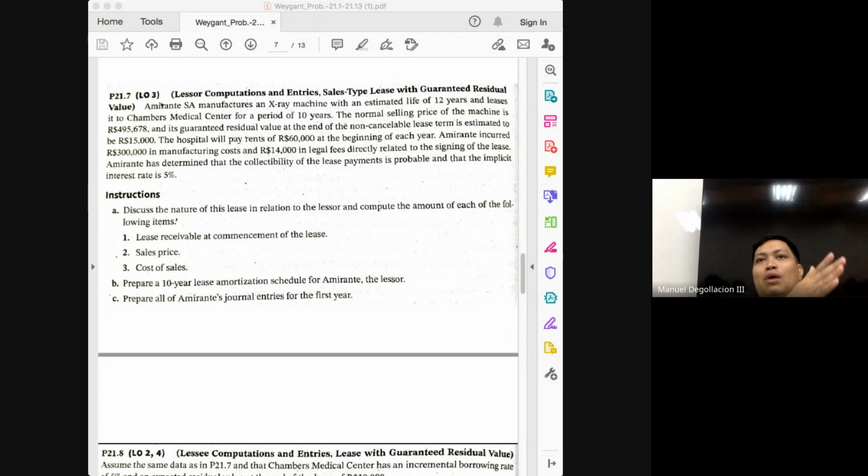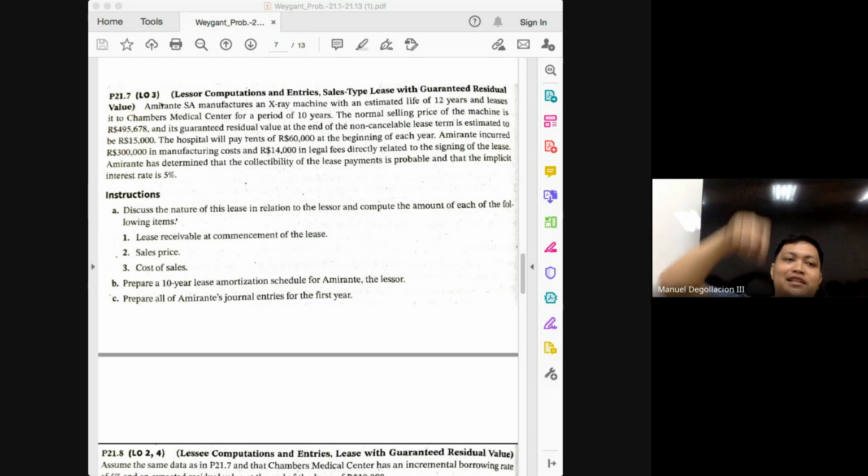Year 1 ending balance, 457,462. What happened on the very next day? December 31, year 1, 457,462. What happened the very next day? You received a payment. How much payment did you receive? 60,000. And then you will deduct the entire 60,000 already because you have already incorporated the interest income the previous year.